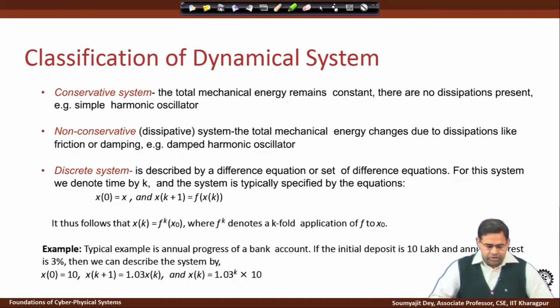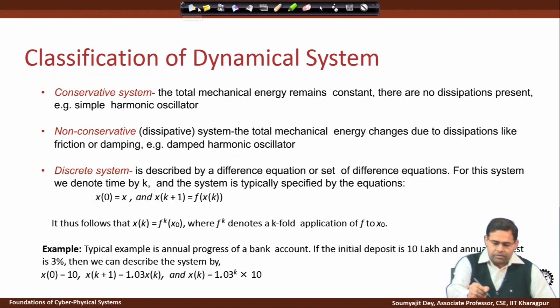Okay. And then we talked about another classification, which was discrete and continuous systems. When we talk about discrete systems, instead of having a set of continuous differential equations to describe the state values at every real time point, we can have a discretized system where we do not have this notion of continuous time.